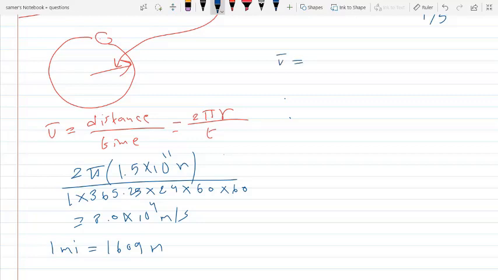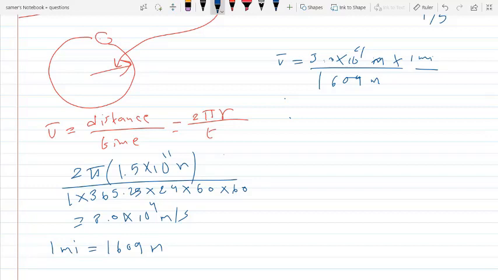So v is simply equal to 3 times 10 to the 4 meters times 1 mile over 1609 meters.